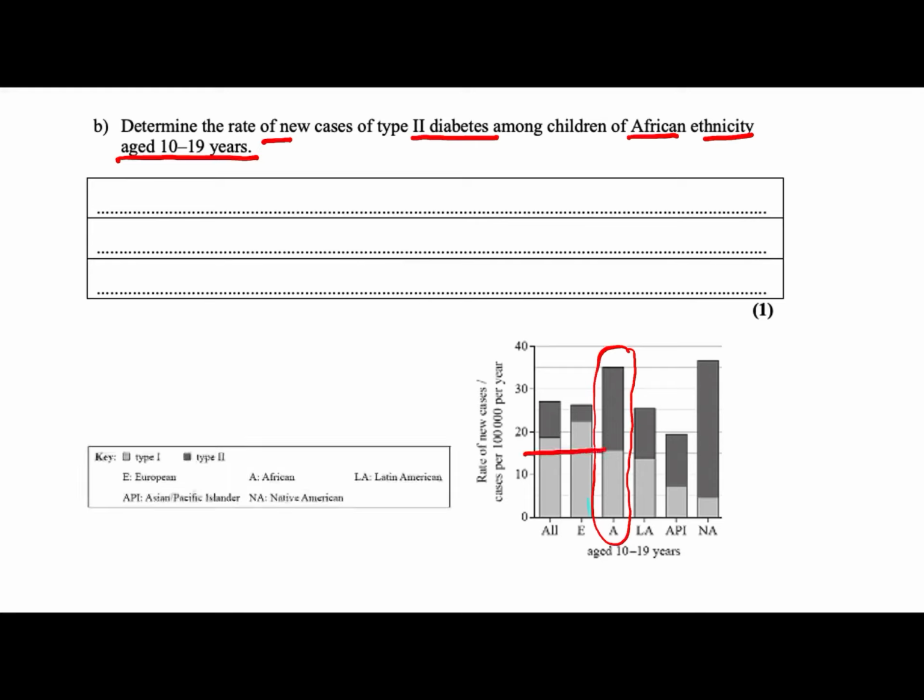The key is from here to here. It's around 35 and 15, so around 20 cases, 18 to 20 cases. This is a 1 mark question.